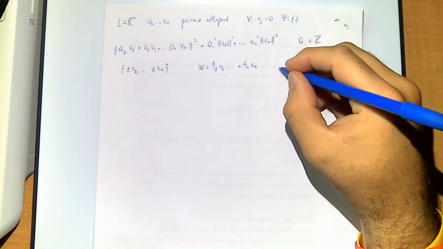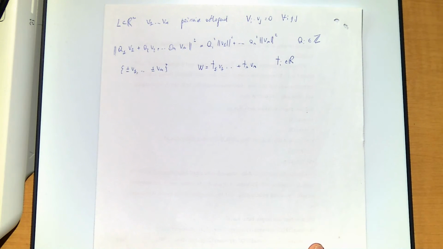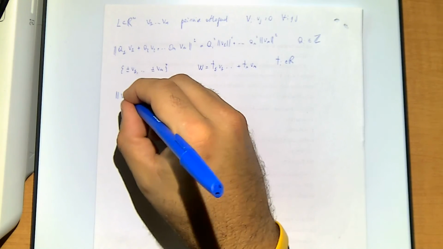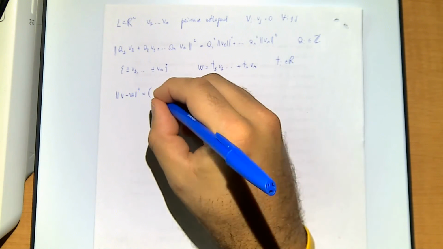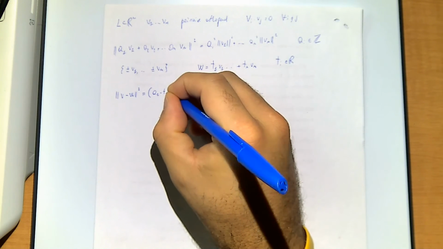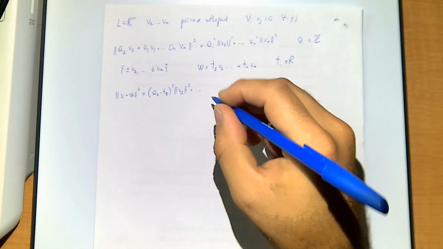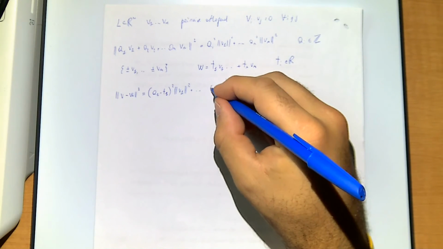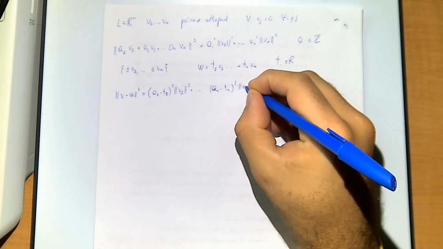So now these values ti are reals because I'm not in the lattice. Well then what do I do? Basically, the norm of v minus w squared is in fact a1 minus t1 squared norm of v1 squared, and then an minus tn squared norm of vn squared.